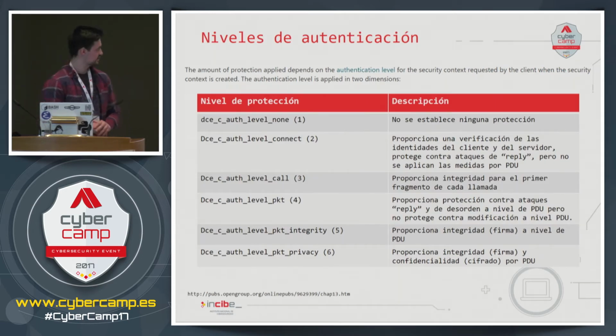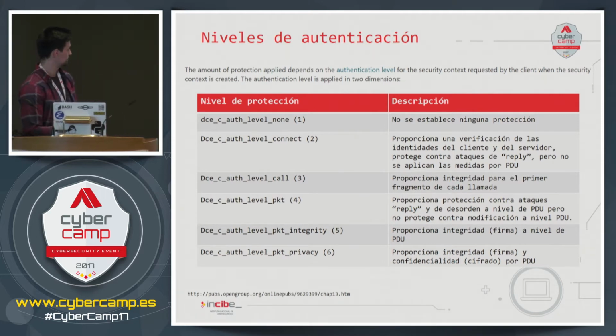So now, what happens when a security context is formed? How do you know what level these packets should have? That is the authentication level. An authentication level is the amount of protection applied for the security context requested by the client when the security context is created. And these are the different authentication levels that we have.